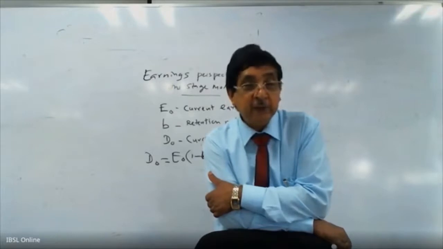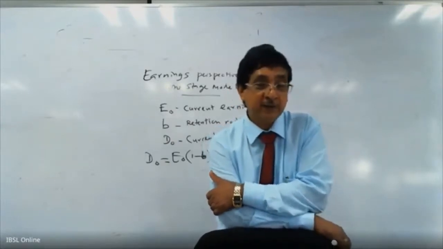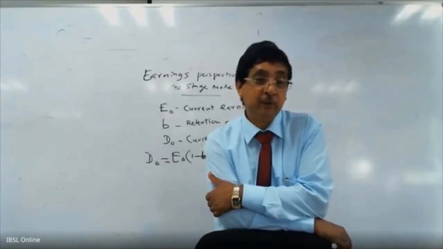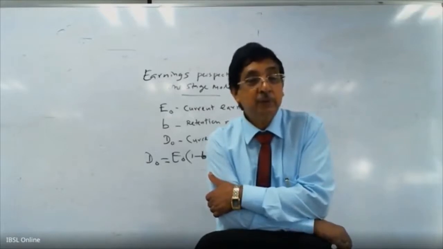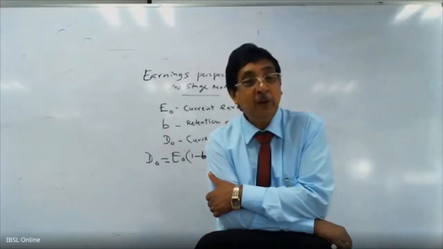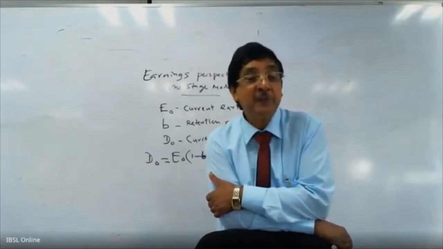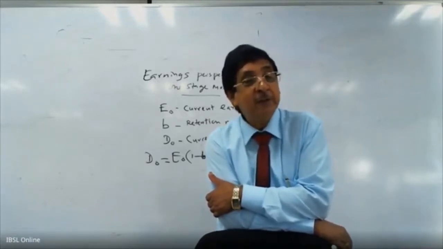When the earnings is 100, 20 is the dividend as per our retention policy. Now say the earnings have grown up to 150. So what is the growth? The growth is 50%. Now we will see whether the dividends also go at the same rate.